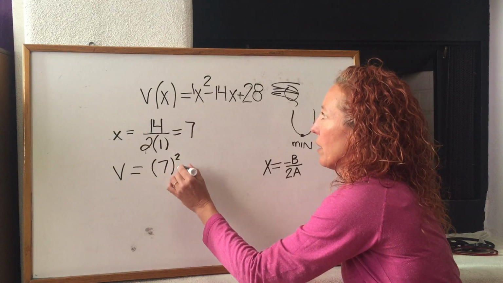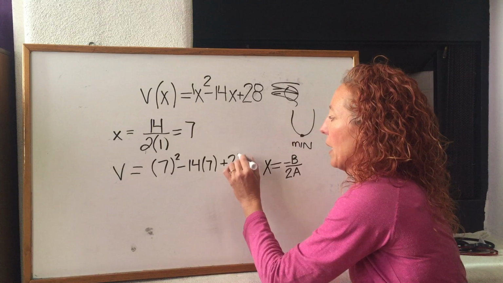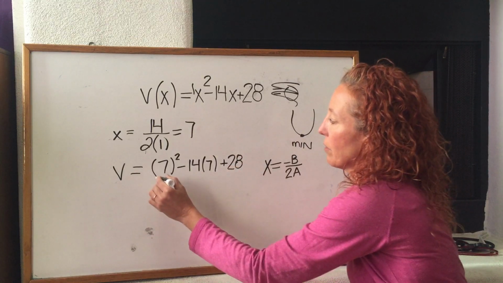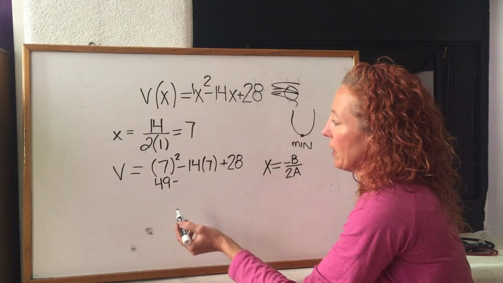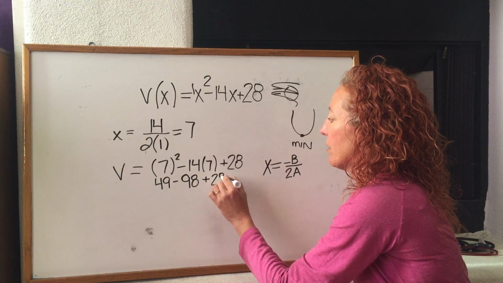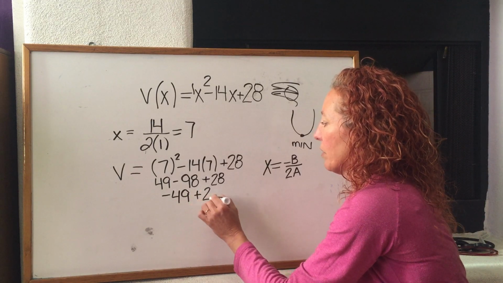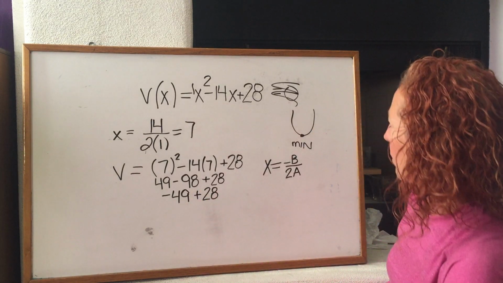So 7 squared minus 14 times 7 plus 28. So 49 minus 98 plus 28 is negative 49 plus 28. Oh, that's a problem.